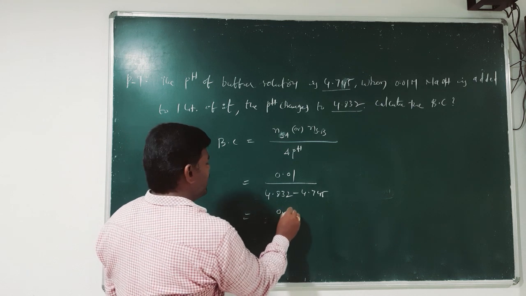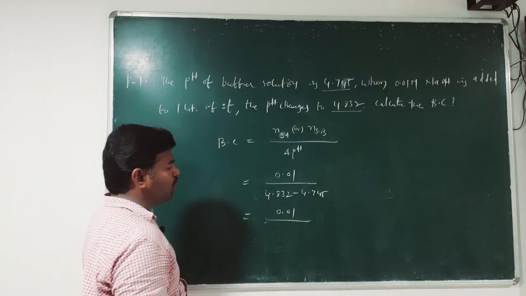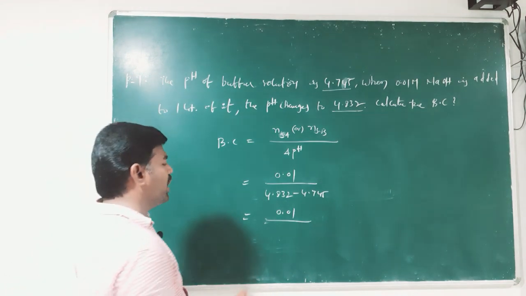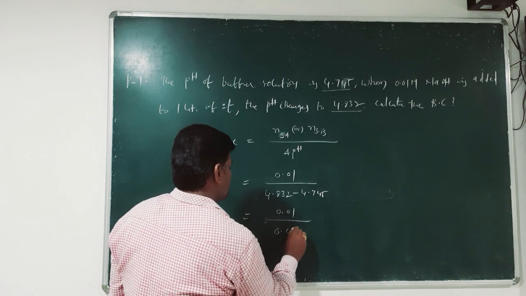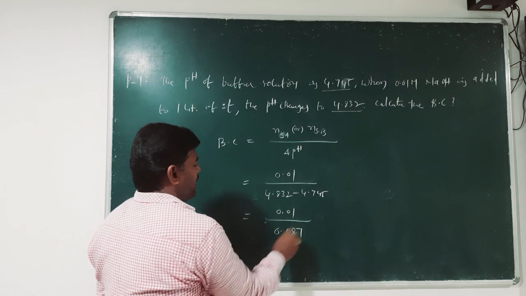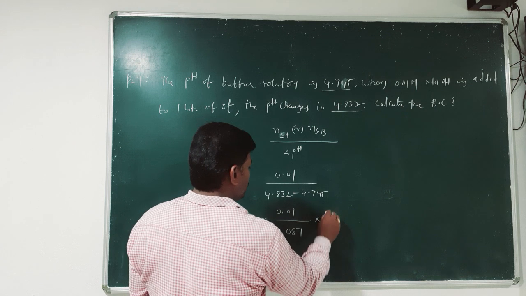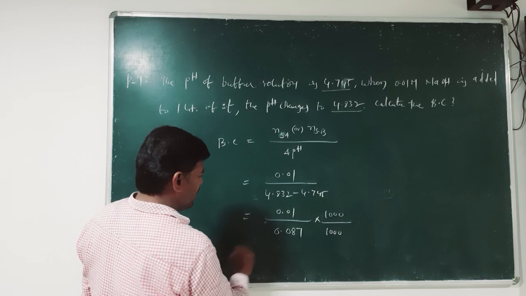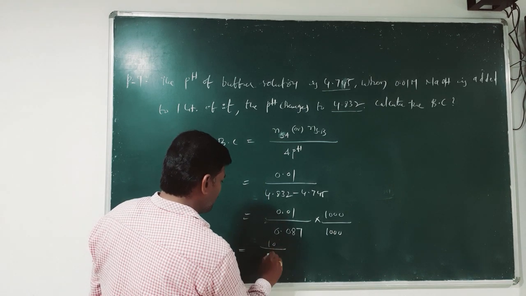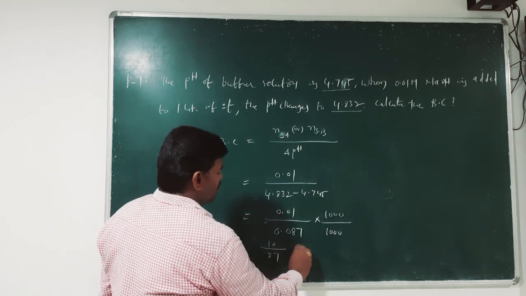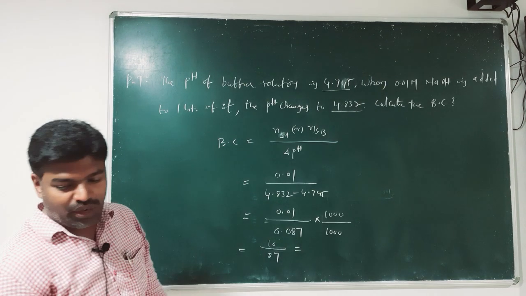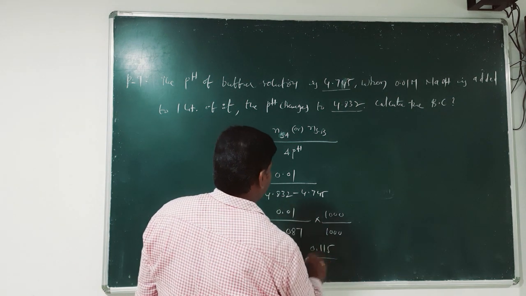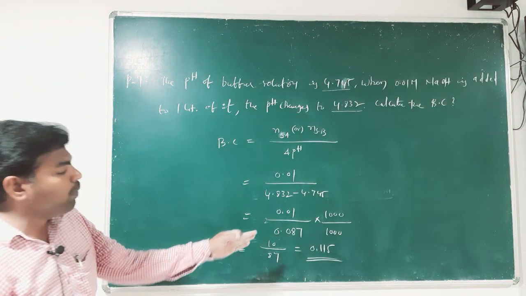So 0.01 divided by 0.087 comes out to be, when we multiply by 1000 on both sides, 10 by 87, which comes out to be 0.115. So the buffer capacity is 0.115.